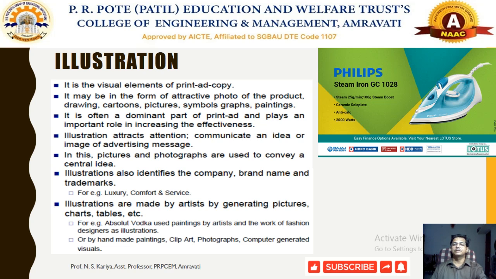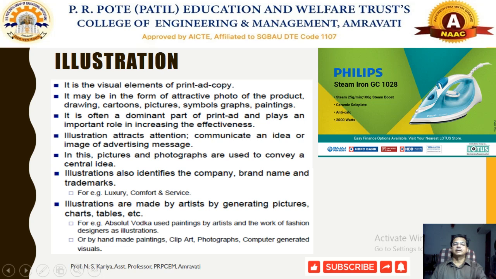These illustrations are useful to grab the attention of the public or the targeted group of customers and communicate the advertising message to the targeted users. This is also useful to convey the central idea about that particular product and for what purpose that product is meant. So in this way we should specify the other related matters in the advertisement to the targeted group of customers.